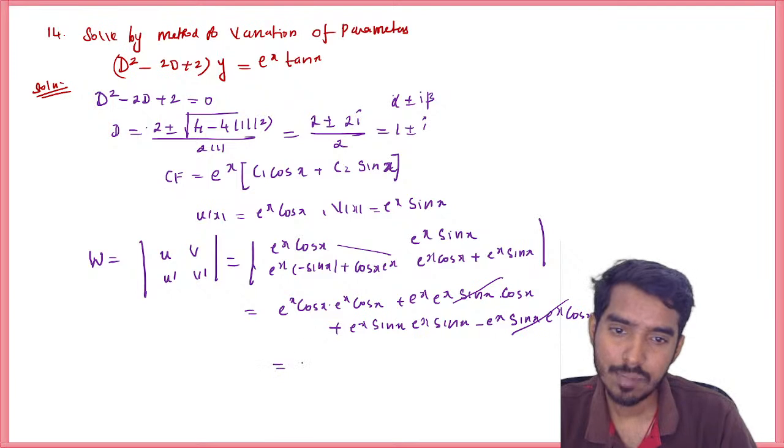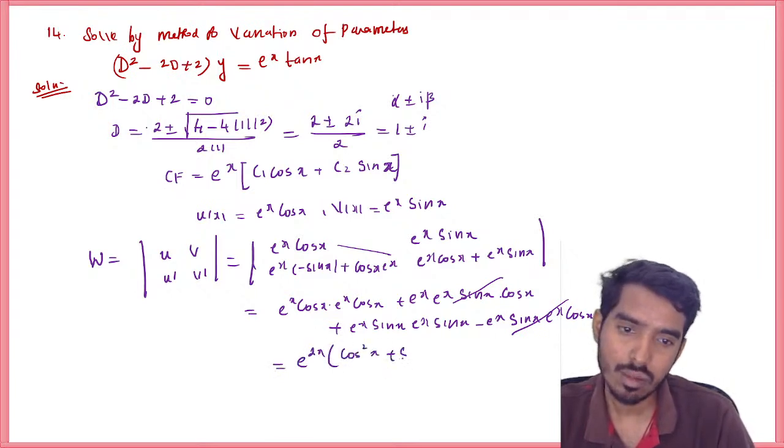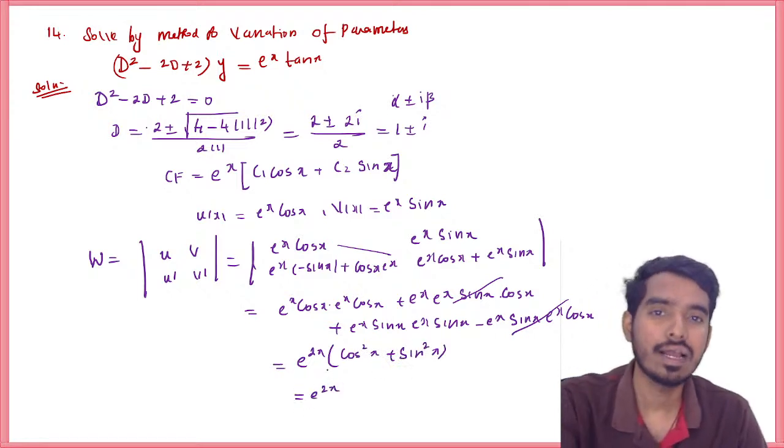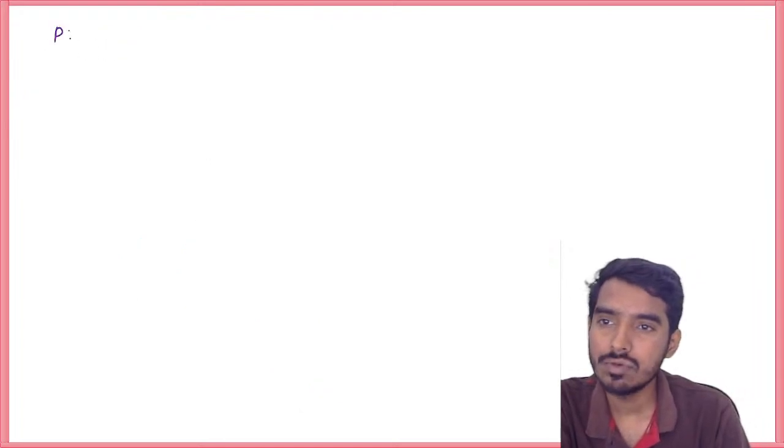If I take e^2x common, here we have cos^2 x plus sin^2 x, and e^2x cancels. So what is your particular integral?